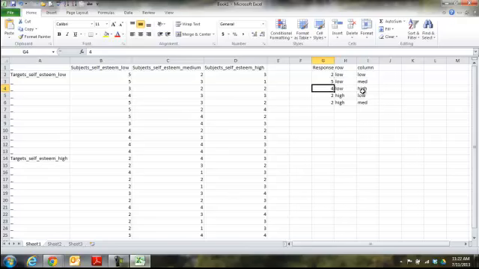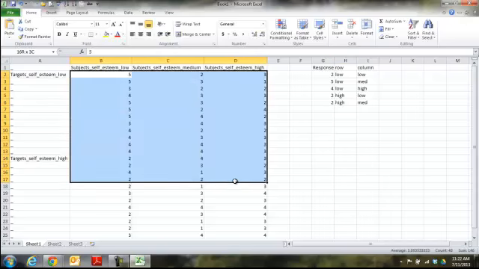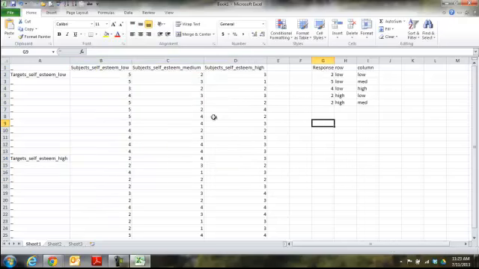This 4 came from a subject who was scored at having high self-esteem and then designated the thing that they read as low self-esteem. Here's someone who had low self-esteem, thought that the description was of someone with high self-esteem. Here's someone who had medium self-esteem and thought the description was someone with high self-esteem. So you see how the descriptions work that way, and all we need to do is make all this data fit into that formatting of responses, row, and column. We just need to keep track of what everything is.